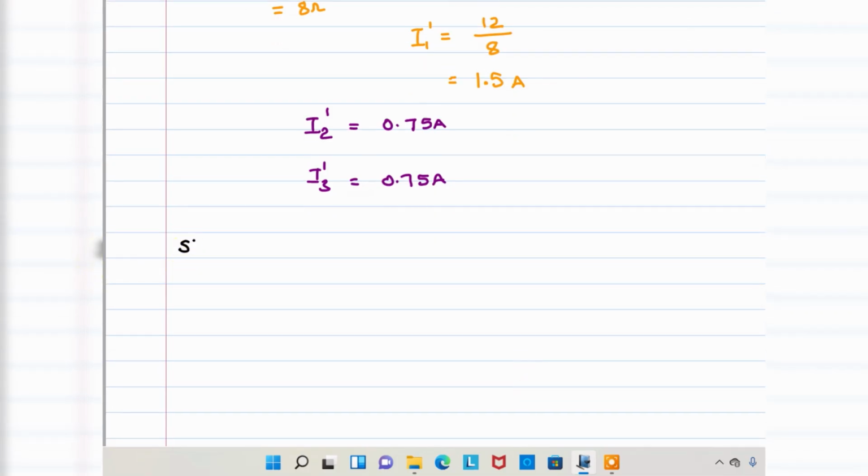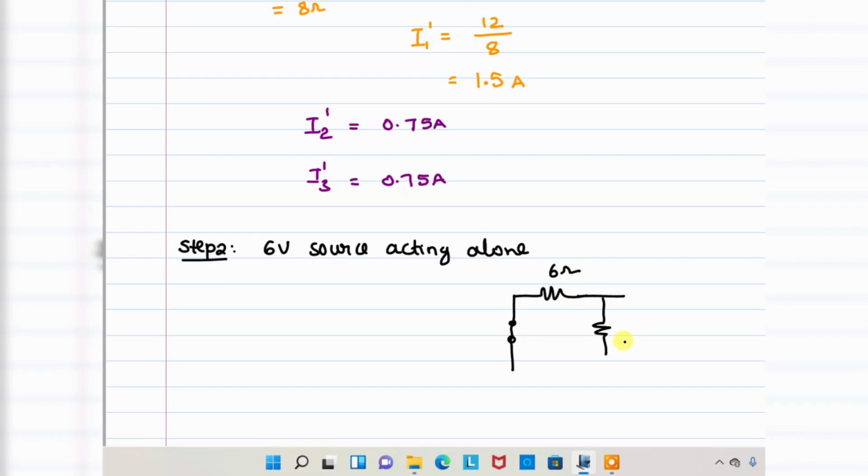Next, step 2. In step 2, the 12 volt source is short circuited. That means the 6 volt source is acting alone. So whenever the 6 volt source is acting alone, short circuit this 12 volt source, right? This is the 6 ohm resistance, this is the 4 ohm resistance, this is the 4 ohm resistance, and the voltage source is present, that is 6 volt.